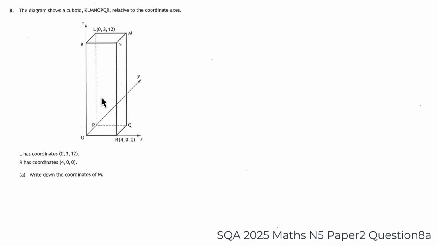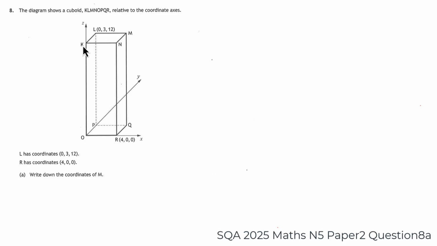So you can imagine numbers being put in these axes. We'll have a scale with this reaching 4, a scale along the y with this sitting on 3, and then a scale on the z-axis with L and presumably K, because it's a cuboid, would be sitting at the number 12.